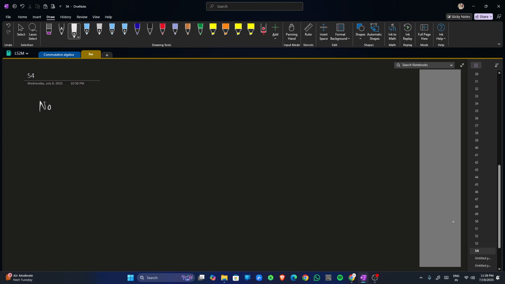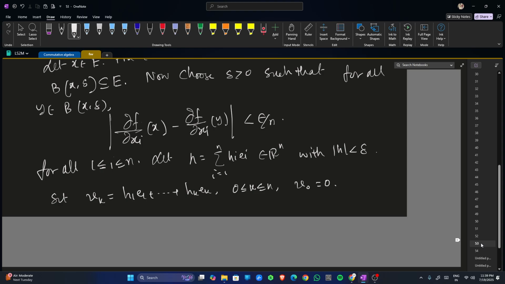Now one thing is that the norm of v_k is less than delta.